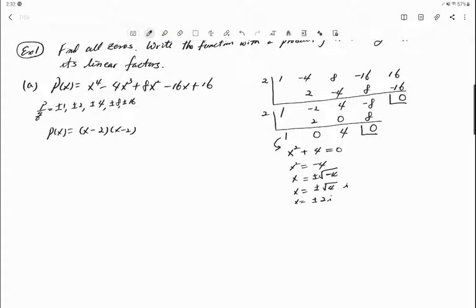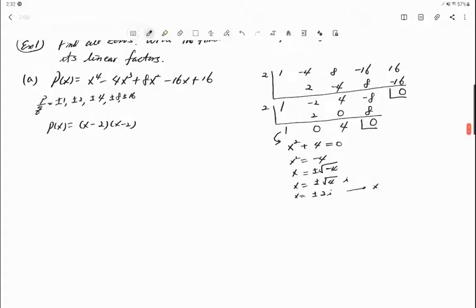So there are 2 more solutions: x is 2i and x is negative 2i. So we can write binomial factors like x minus 2i and x plus 2i. Make sense?